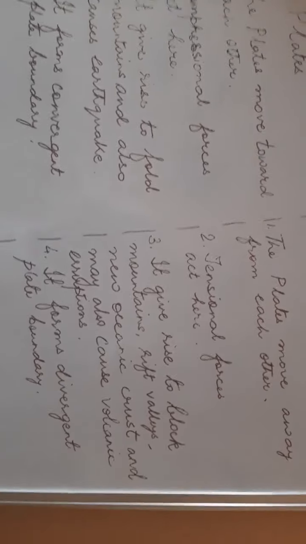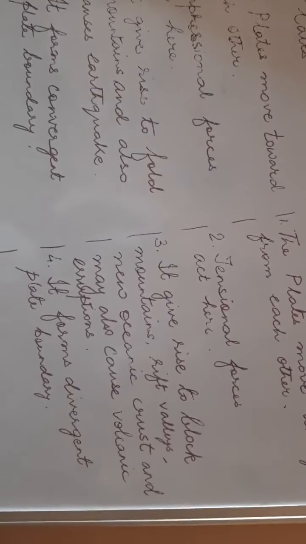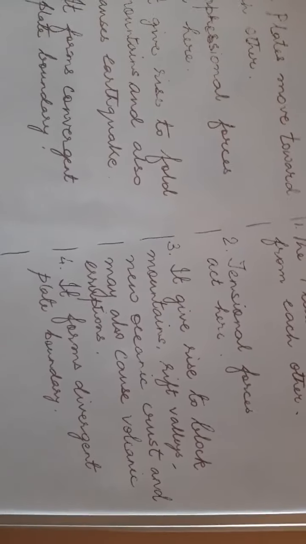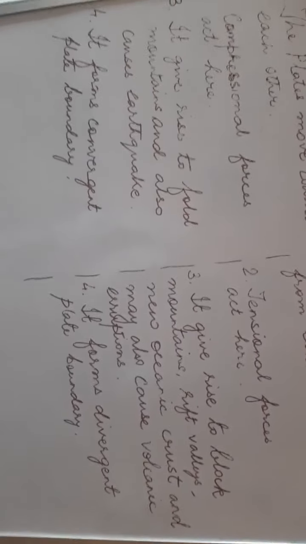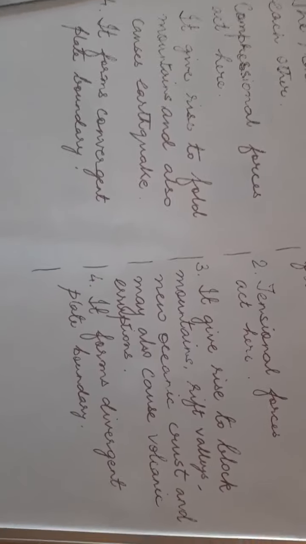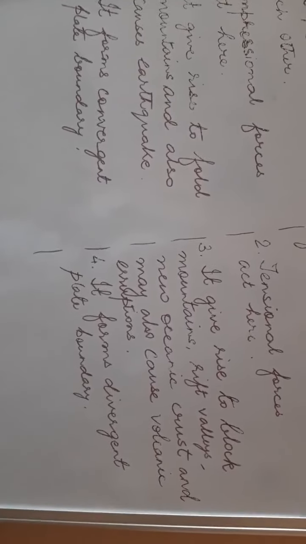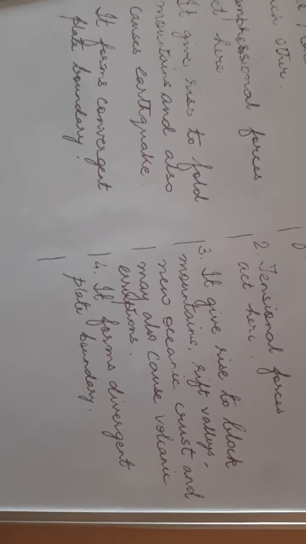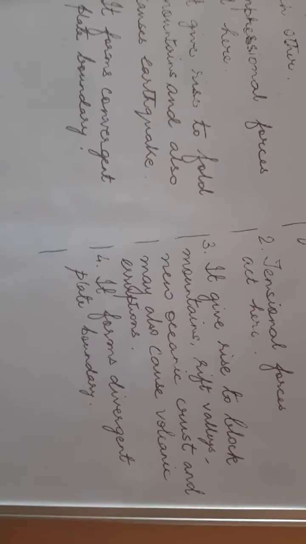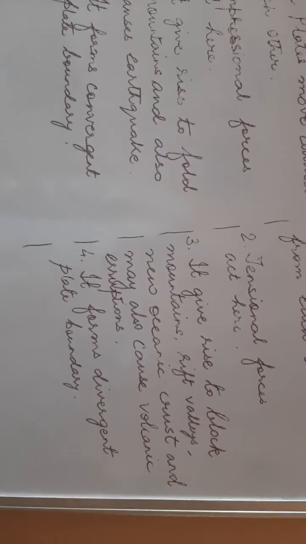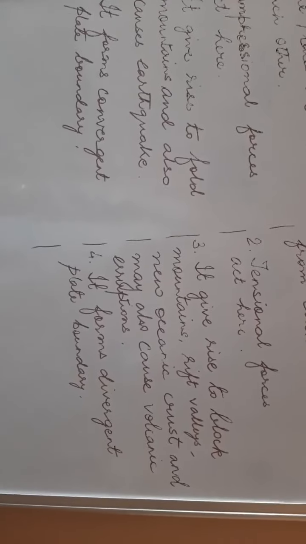And if this crack occurs on the surface of the crust in two different places, then the portion lying in between the two sides will subside down, and the other two sides will remain in their original position. The portion which subsides will have low height and form a valley, so it becomes a rift valley.